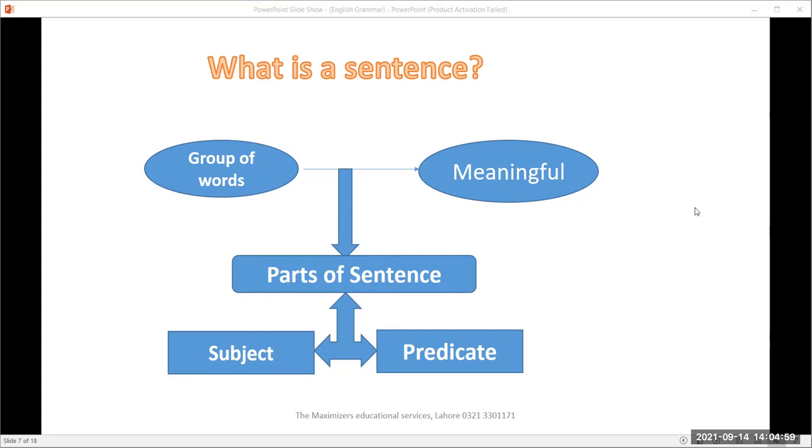Parts of a sentence. Basically, we divide a sentence into two main parts. The first part is called the subject. The remaining part is called the predicate. The predicate can have a verb, an object, an adjective, an adverb, or a complement.